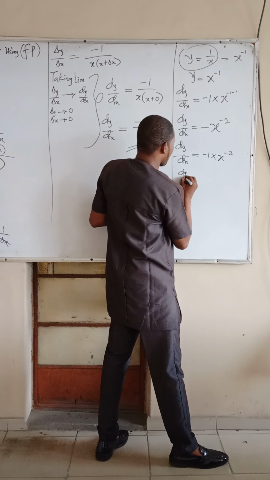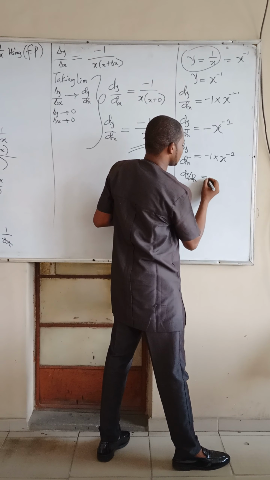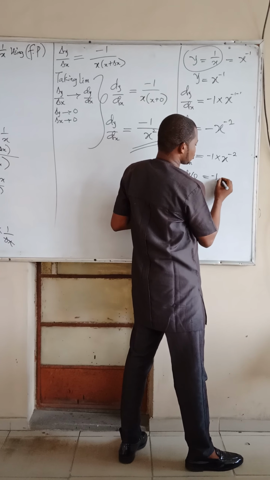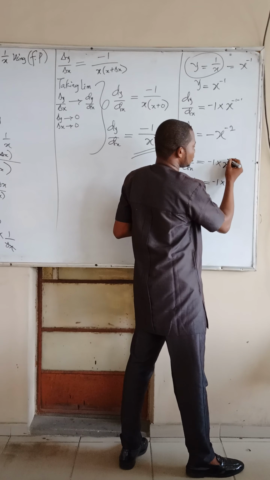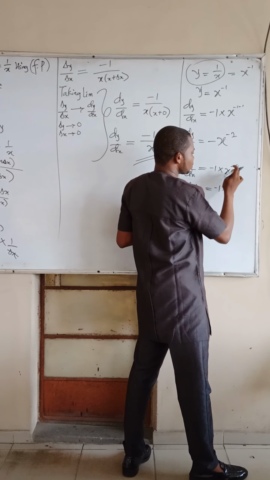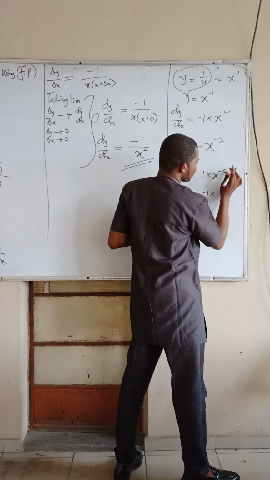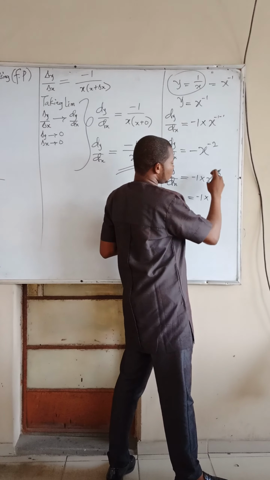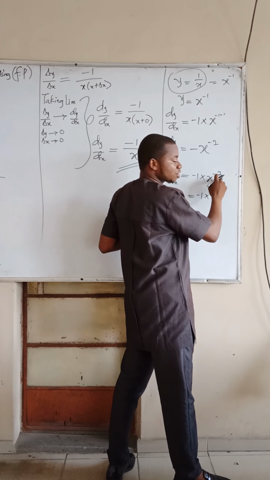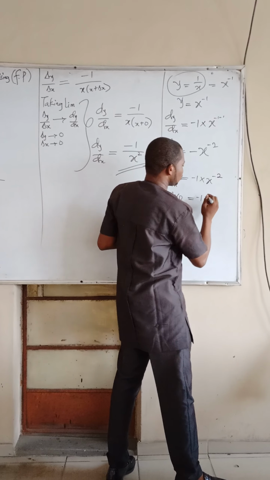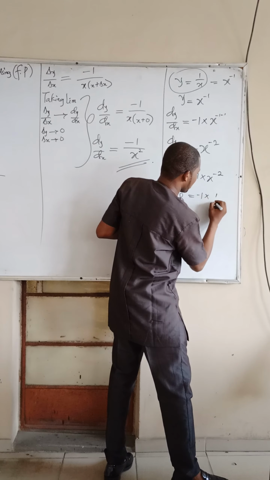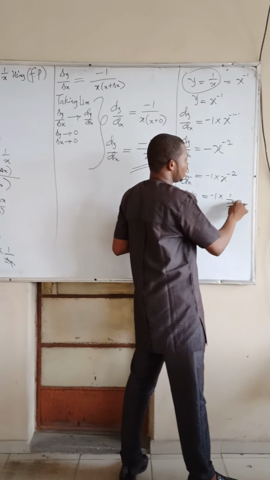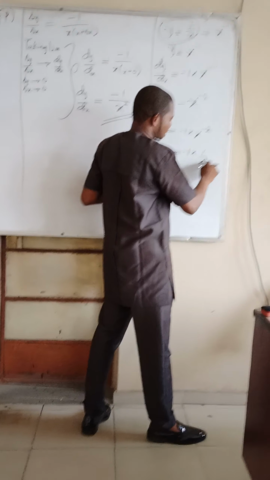So we have dy/dx equal to minus 1 times, from our knowledge of indices, transposing this, x raised to power minus 2 is as good as saying 1 over x squared. So the negative is 1 over, and we are left with x squared.